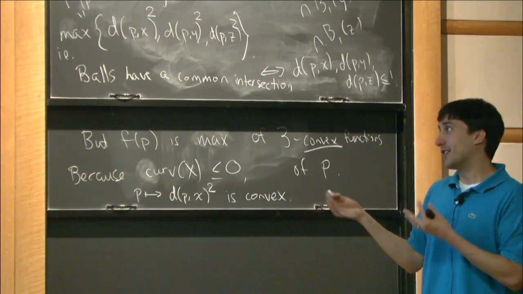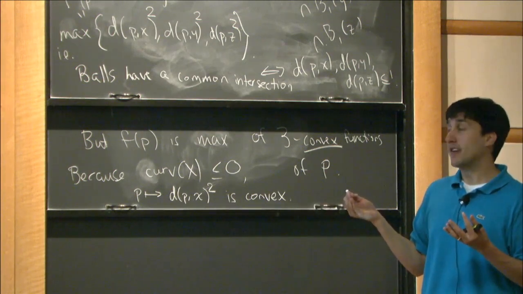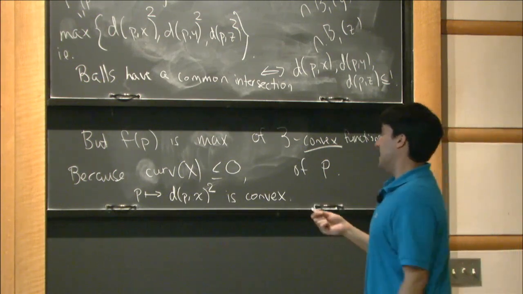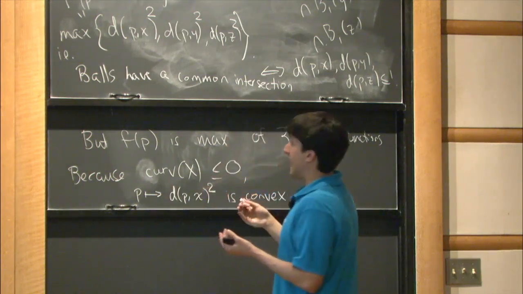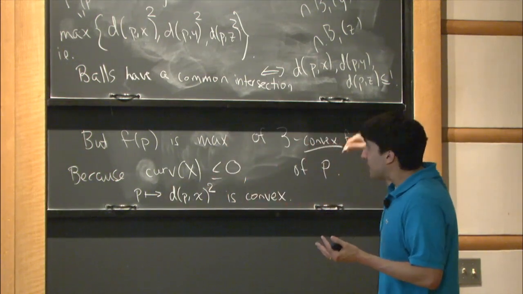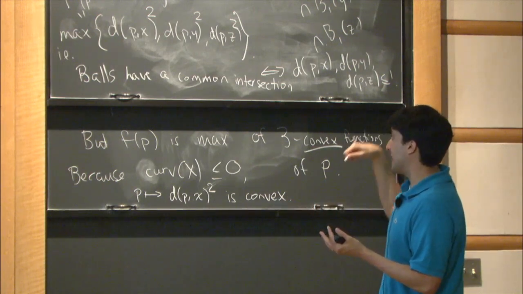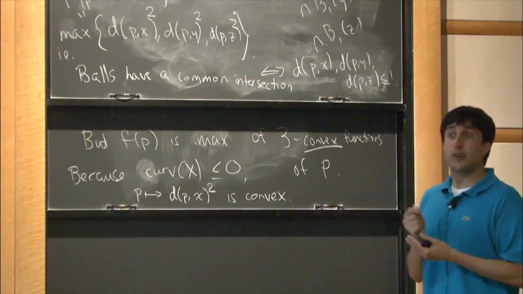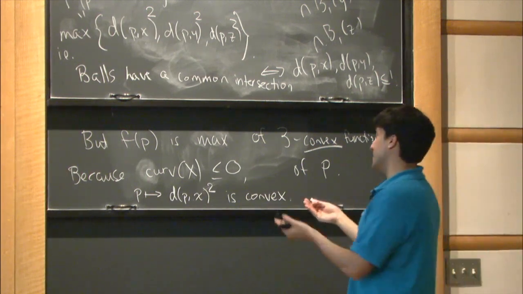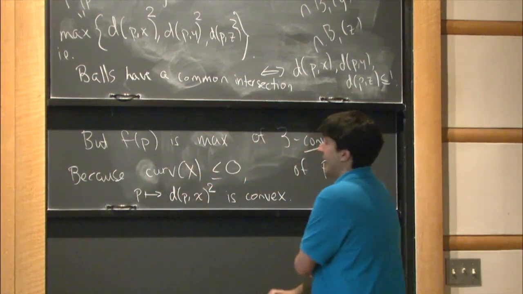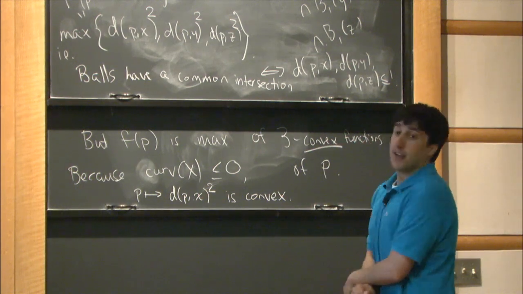There are efficient, good algorithms to do this, and when you have a nice convex function, it turns out that gradient descent always works. So you could do some kind of gradient descent method, and you could eventually converge to the minimum value of the function.